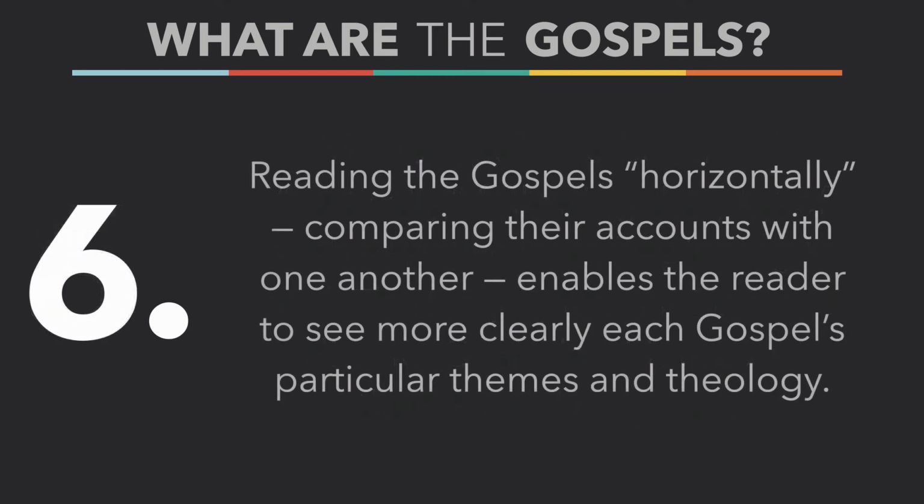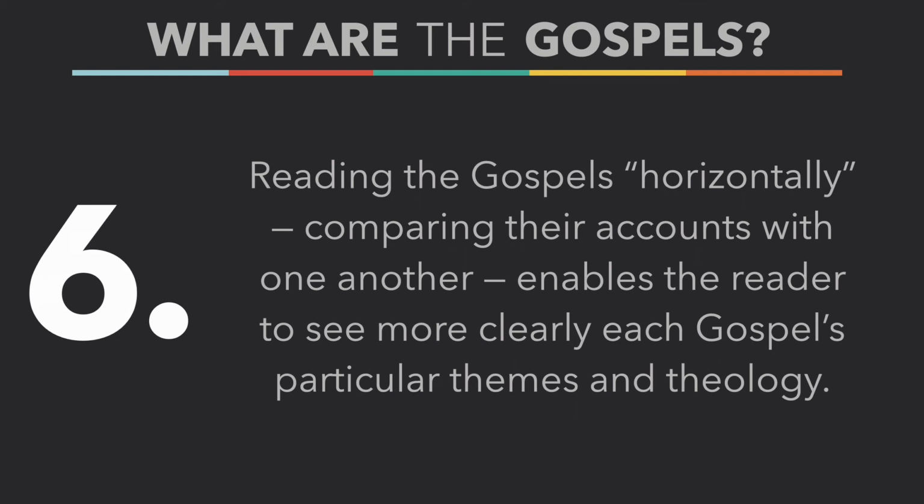Number 6, reading the Gospels horizontally. What that means is comparing their accounts with one another enables the reader to see more clearly each Gospel's particular themes and theology. So reading the Gospels vertically means reading one Gospel as if it were the only one.